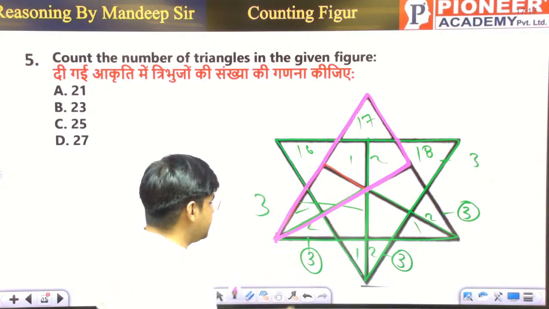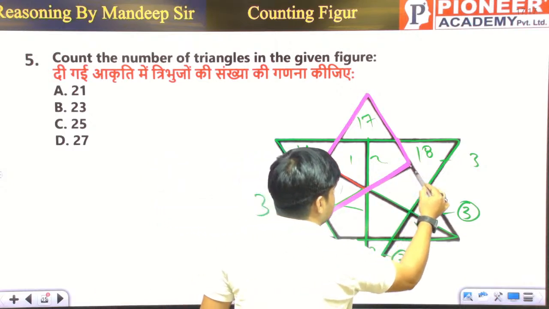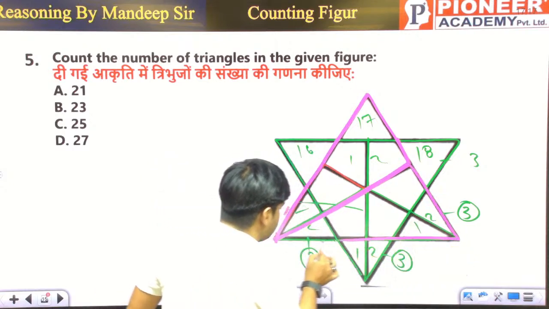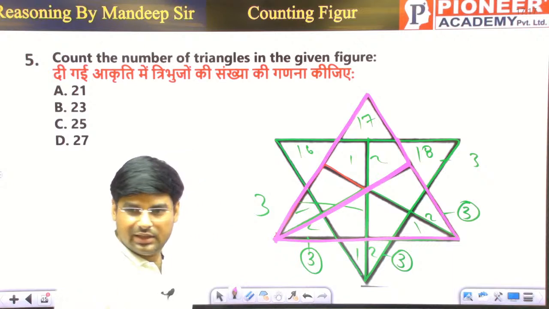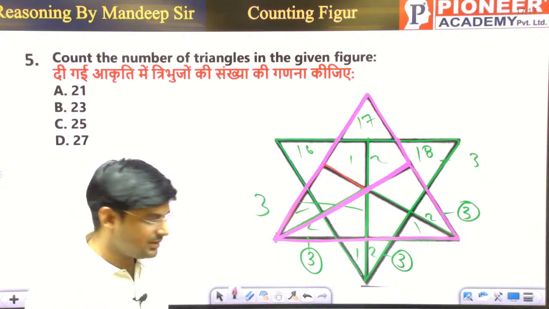There are 20 triangles. And this one is 21. We got 21 triangles.